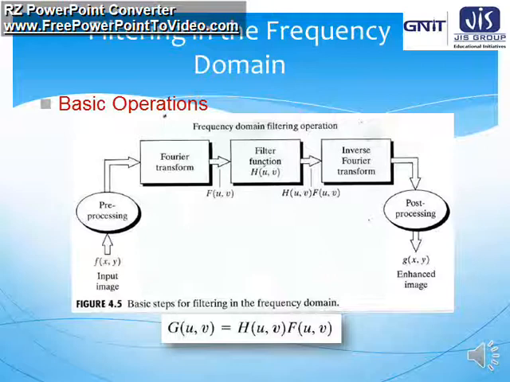After this post-processing, we get g(x,y), which is the enhanced image. So the input image f(x,y) has been enhanced to g(x,y) through filtering in the frequency domain, where G(u,v) equals H(u,v) multiplied by F(u,v), the output of the filter function. This is the basic filtering operation in the frequency domain to enhance the quality of the input image to the output.